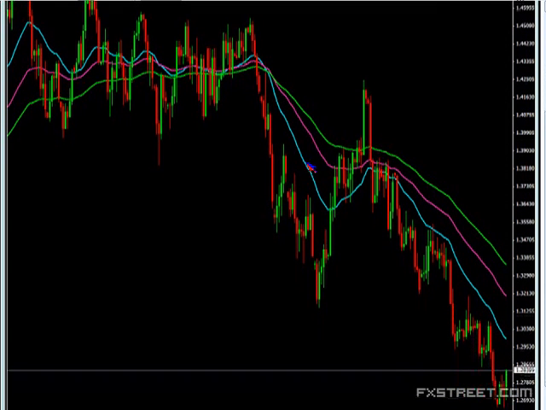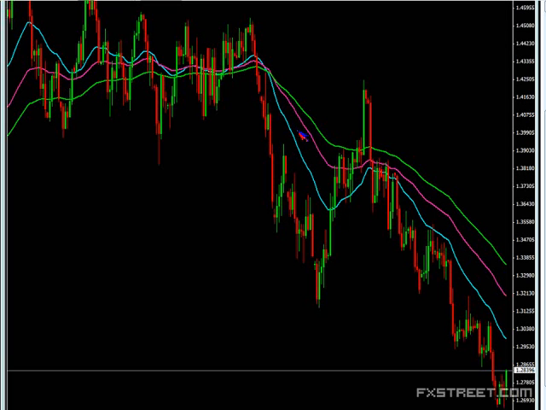Okay, so the blue line is the 30 moving average, the violet line is the 60, and the green one is the 90. Now, unfortunately, these moving averages are not sensitive enough to the market to tell us not to look to sell short.